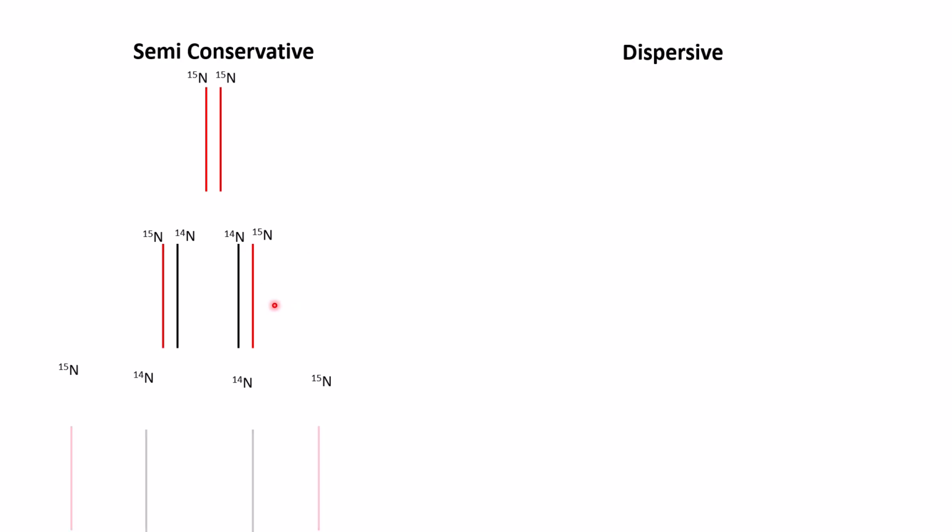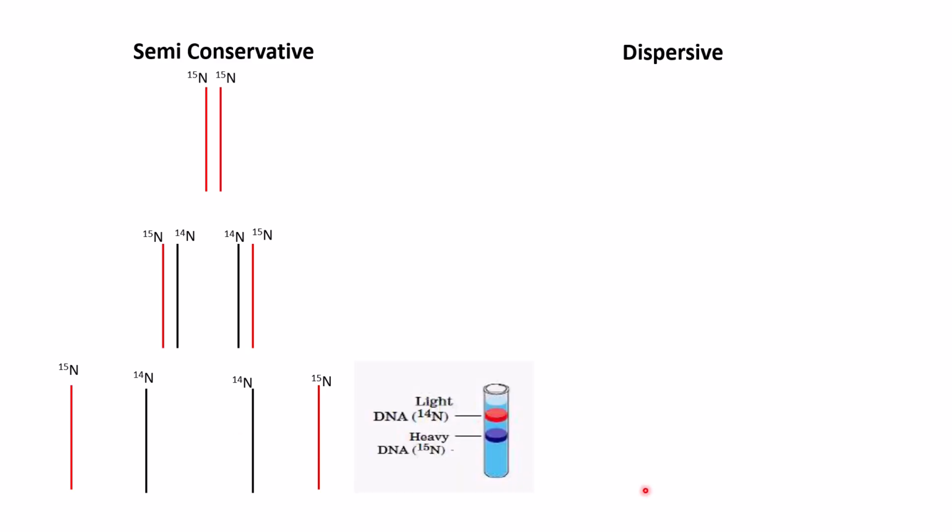If this first generation DNA is taken and subjected to denaturation, then you should be getting 4 single-stranded DNA molecules such that 2 of the strands here are heavy DNA and 2 of the strands are light DNA. This on density gradient centrifugation should be giving you 2 distinct bands, one coinciding with the heavy DNA and the other coinciding with the light DNA.